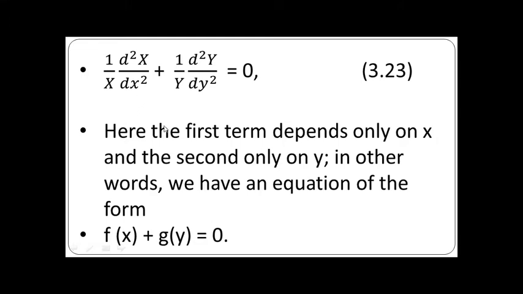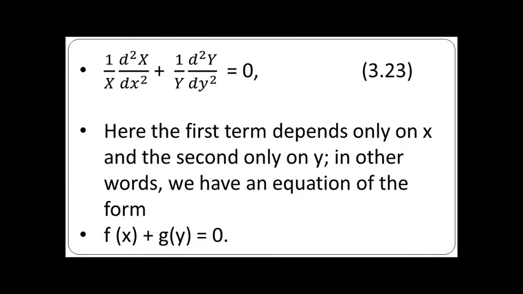Here, the first term depends only on x and the second term depends only on y. In other words, the first term entirely depends upon one coordinate, small x only, and the second term entirely depends upon the second coordinate, y only.